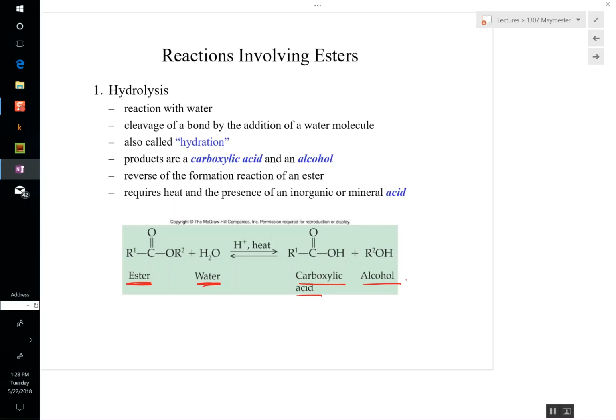We're reacting, in the hydrolysis of an ester, an ester with water. You can see that this is the reverse of esterification. This is esterification in reverse. We're starting out with an ester and we're producing from it a carboxylic acid and an alcohol.